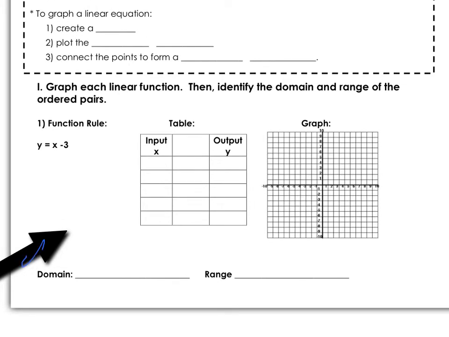So to graph a linear equation, the first thing you do is you create a table. Then you are going to find some input values, get some output values, and plot the ordered pairs you get.